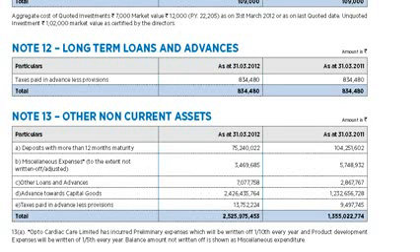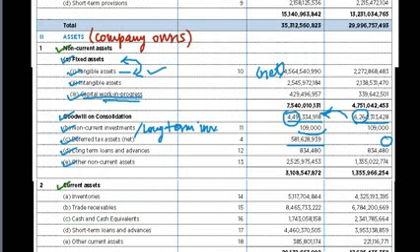Then you have items like advance towards capital goods, some loans and advances, some part of taxes paid in advance, and some part of deposits where the company has deposited money and it will receive money in say more than 12 months. So these are all part of non-current assets which the company has. With this, we conclude the discussion on non-current assets as they are seen on the asset side of the balance sheet.